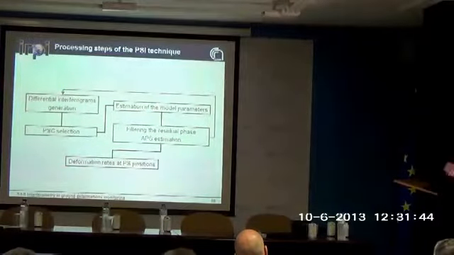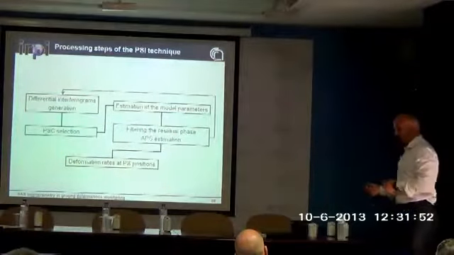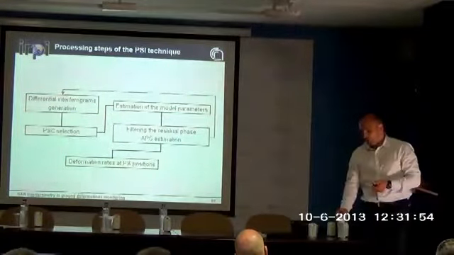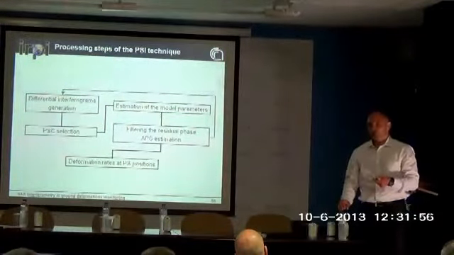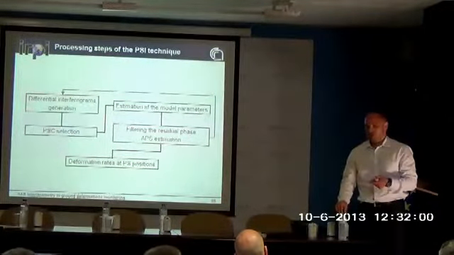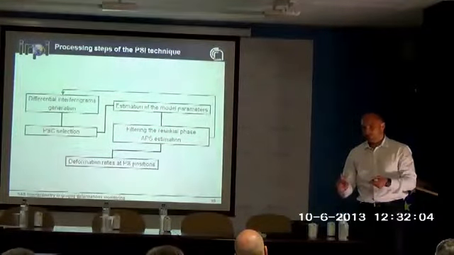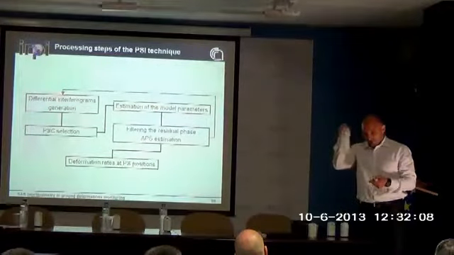And then we go to a model. What we're going to do is estimate those parameters. Estimating those parameters, we will be able to measure the phase contribution related to the atmosphere for every single one.